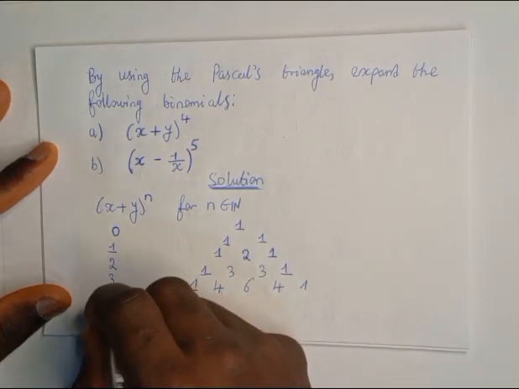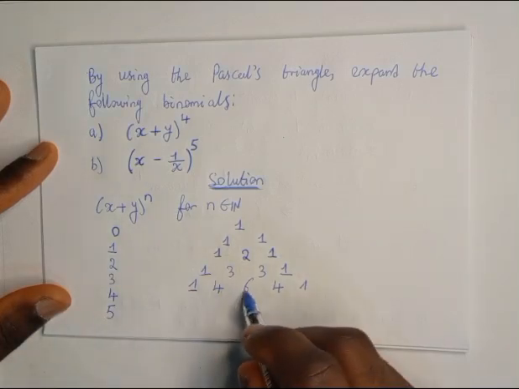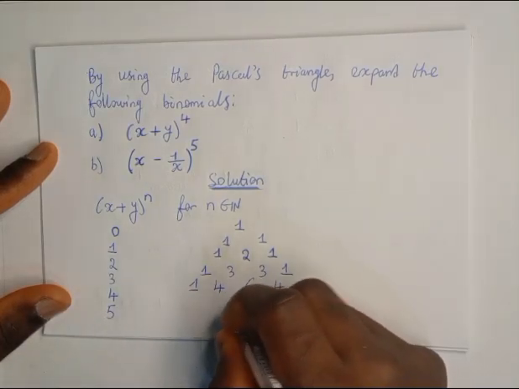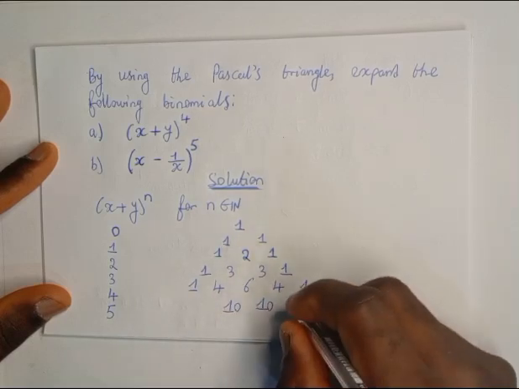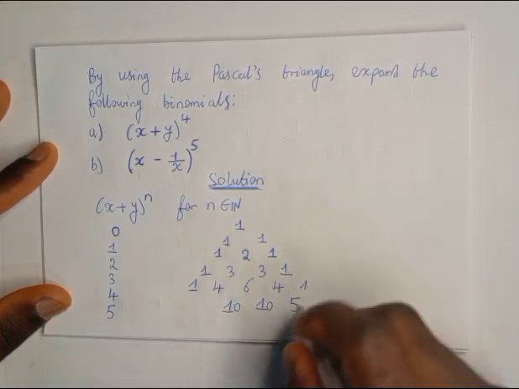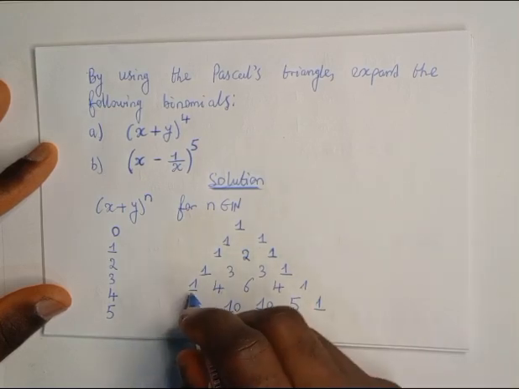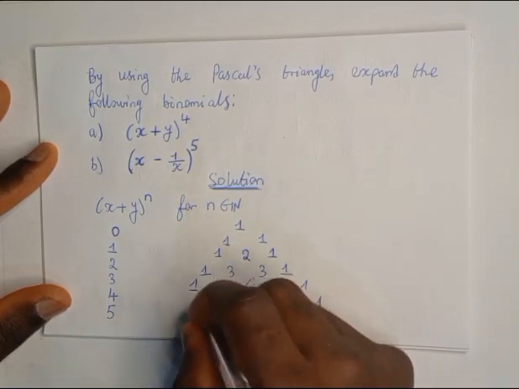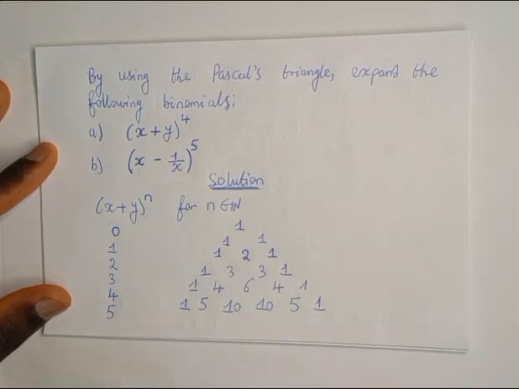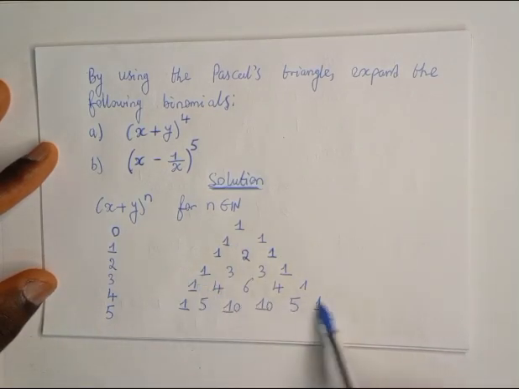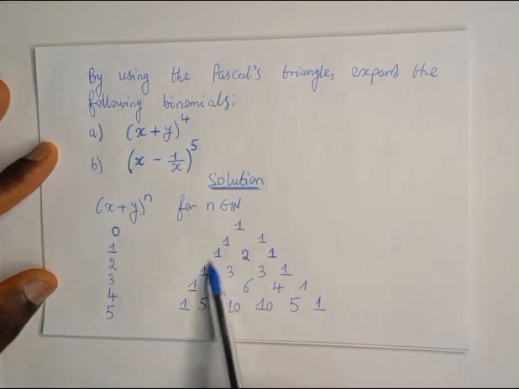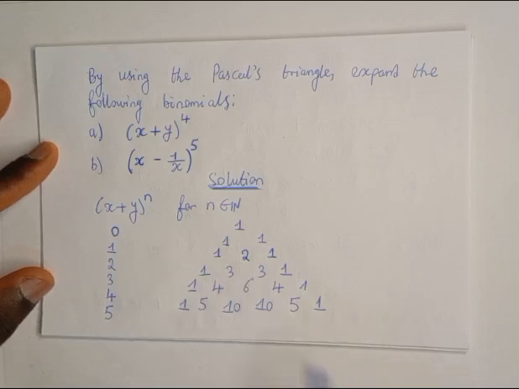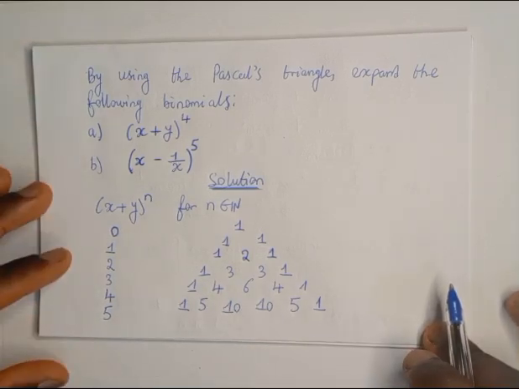When n is 5, we have 4 plus 6, which gives 10, 6 plus 4, which gives 10, 4 plus 1, which gives 5, 1 by the side, 1 plus 4 gives 5, 1 by the side, and so on. Now, by making use of this triangle, we can perform these expansions. Since we already know the coefficients, we can extract them from the Pascal's triangle.